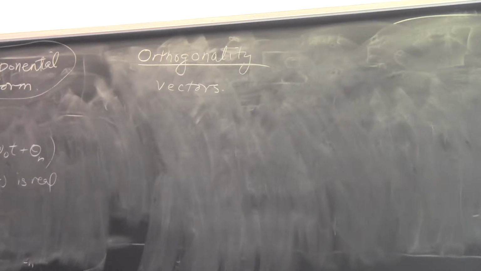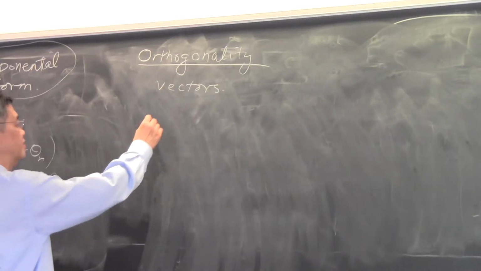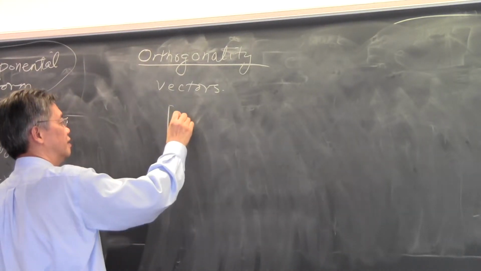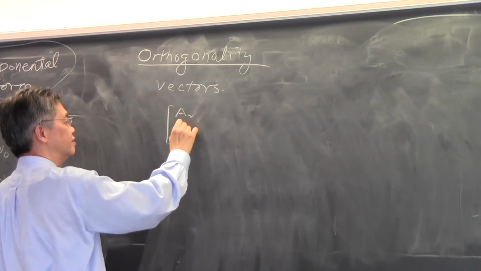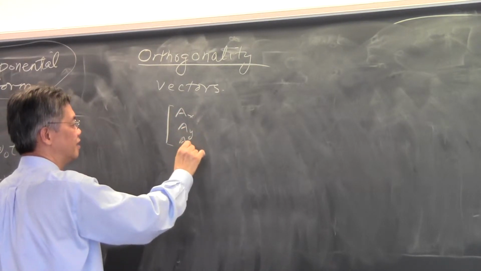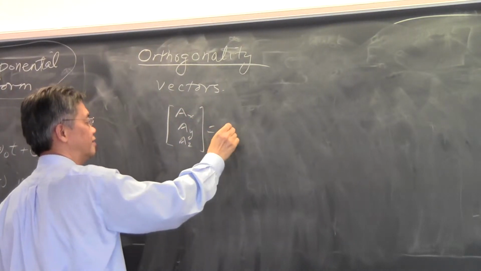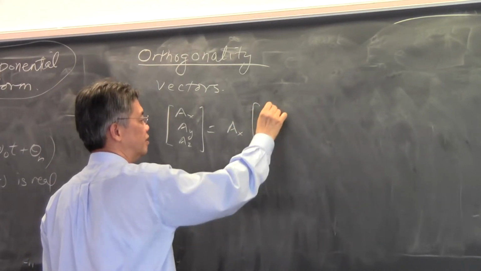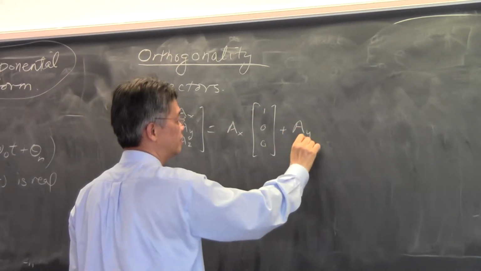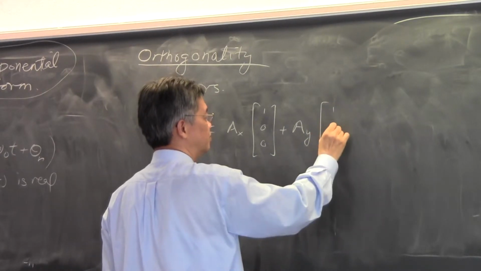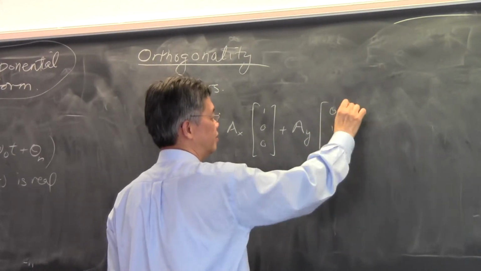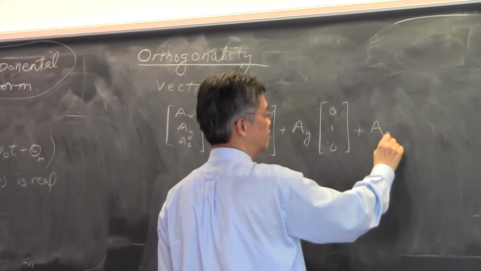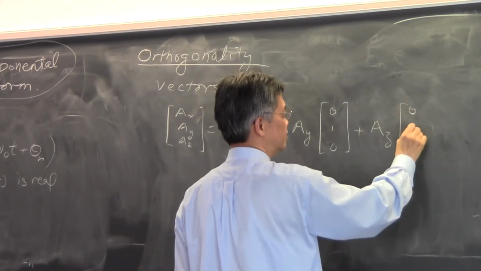Okay, good. So if I have a vector, three components, say AX, AY, AZ, I can always write it in terms of AX times (1, 0, 0) plus AY times (0, 1, 0) plus AZ times (0, 0, 1), right?